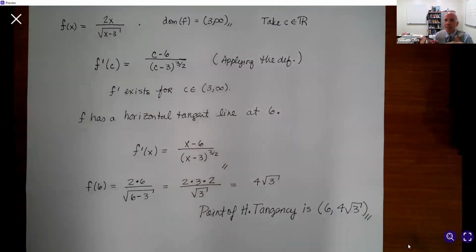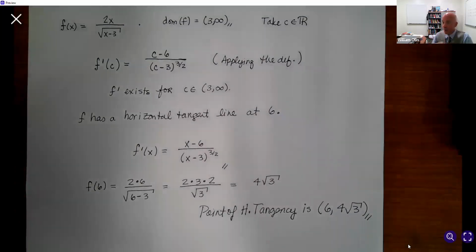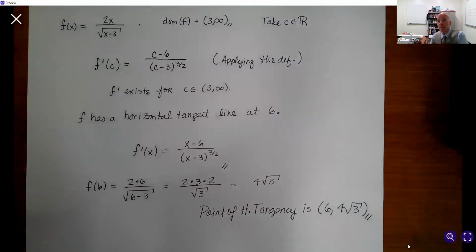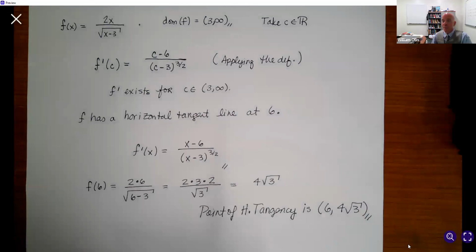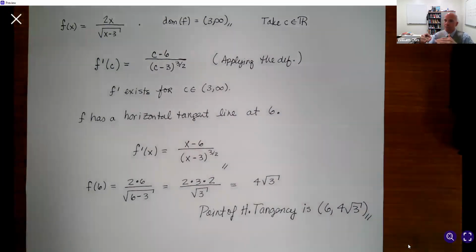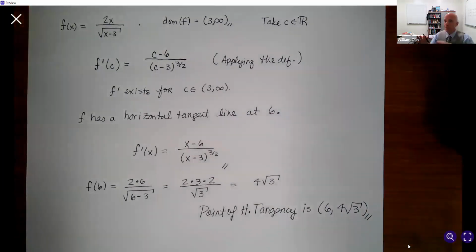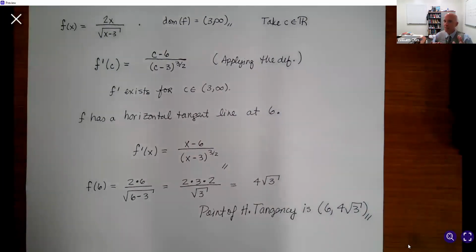And now the derivative is going to give us horizontal tangents. It's also going to give us lots more information, which we will not be covering in the next lecture, but lectures down the road. So we're just going to keep building and building all the information that we can get from the derivative. And then once we've pretty much exhausted that for this class, we'll move into some other topics.